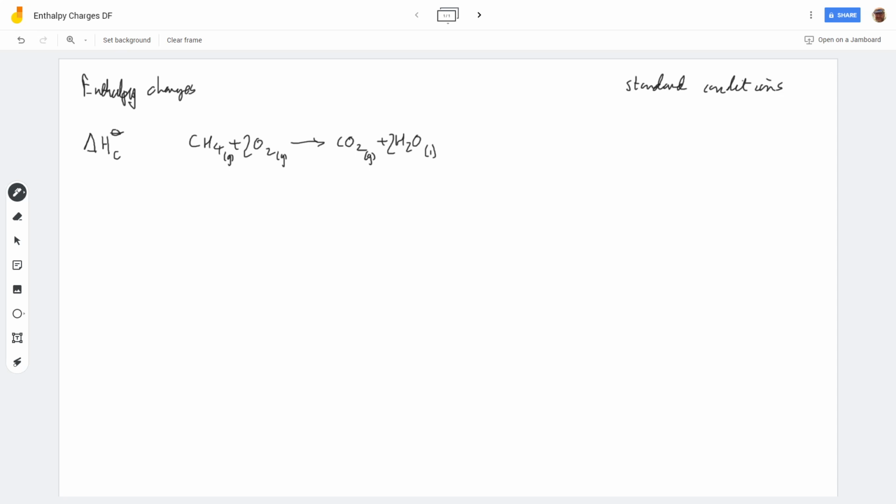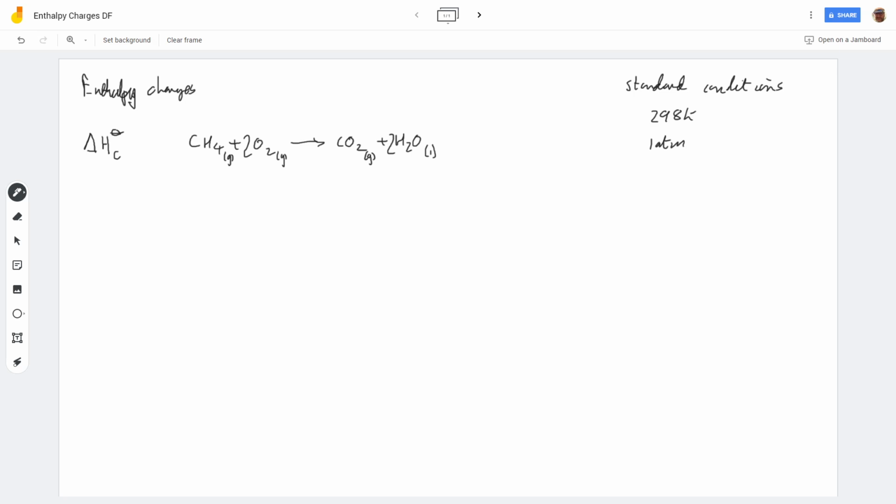Standard conditions, you're looking at 298 Kelvin, 1 atmosphere of pressure. You can do it in kilopascals as well if you want.